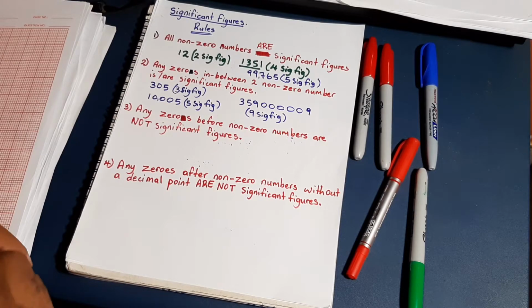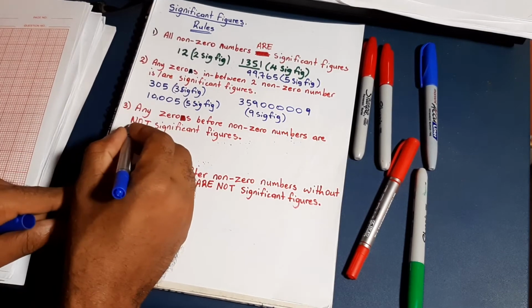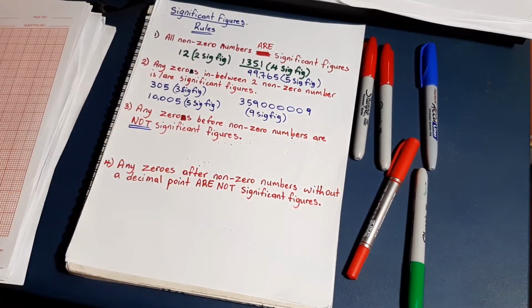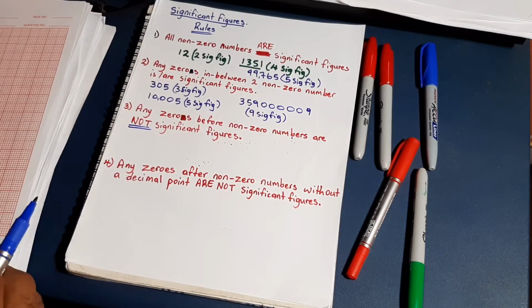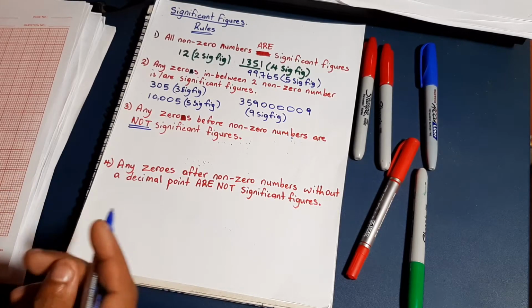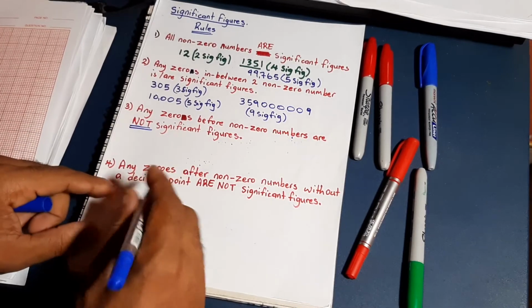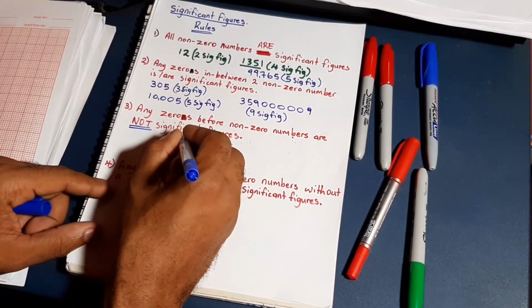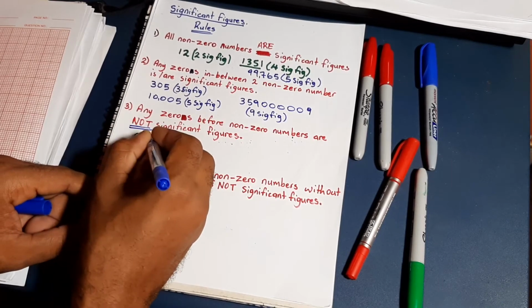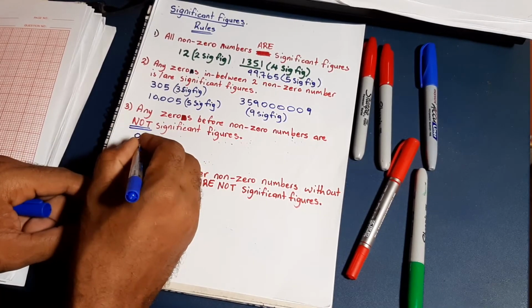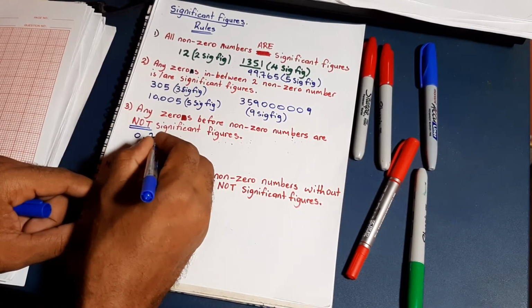Now let's look at rule number 3. Rule number 3 states that any zeros before non-zero numbers are NOT significant figures. Now what do I mean by that? Which number could have a zero before a non-zero number? Let's say, for example, we had 0.79.